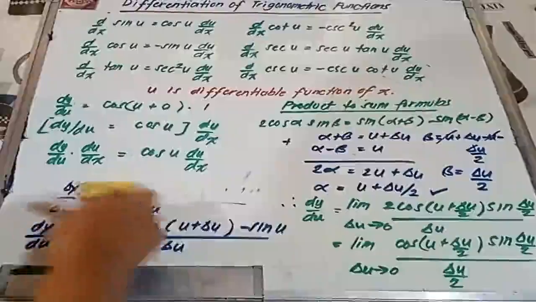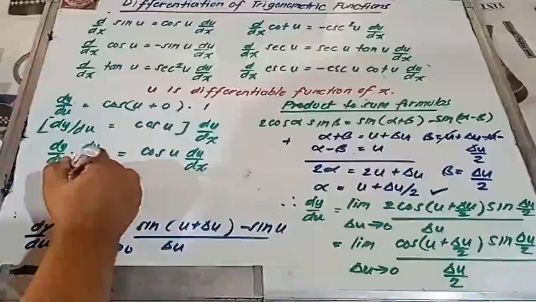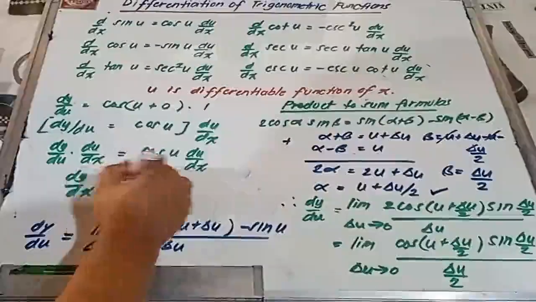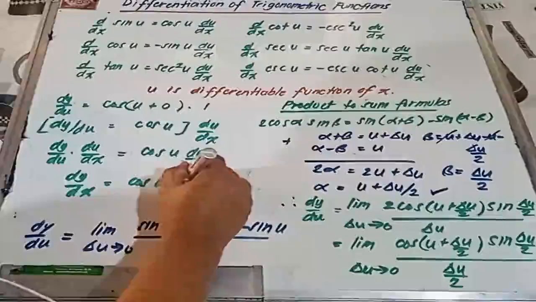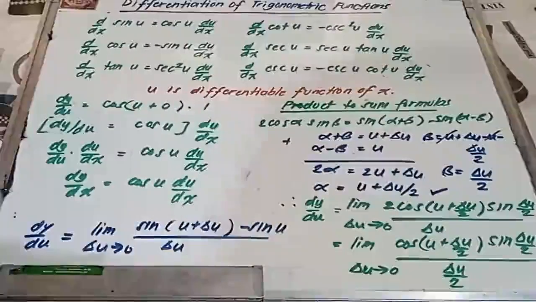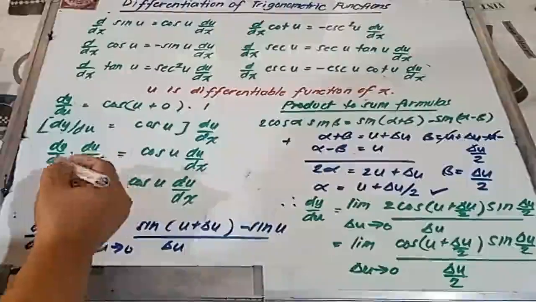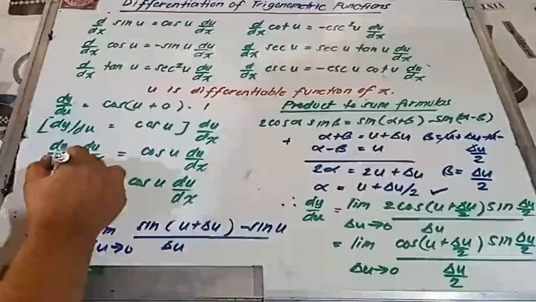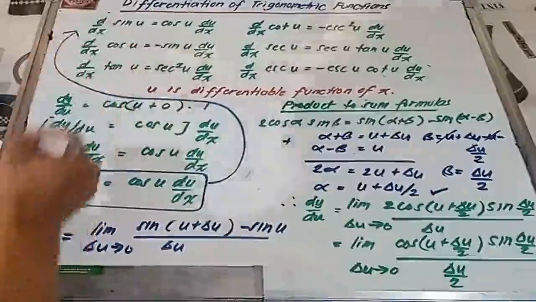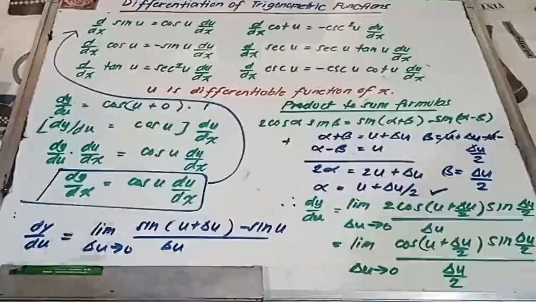So, therefore, we have dy over dx is equal to cosine u times du over dx. So, that is our proof of the first formula for the derivative of trigonometric functions. Okay?